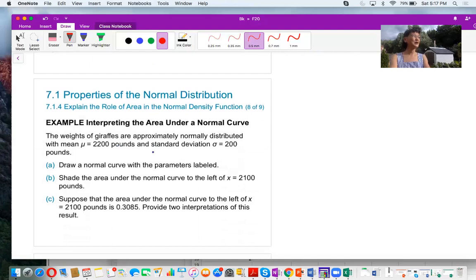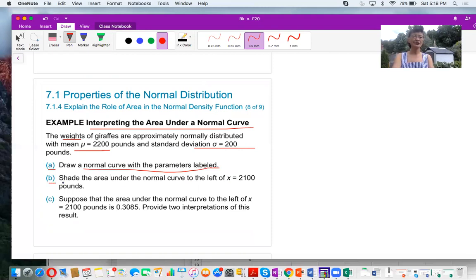So let's take a look at the example. Interpreting the area under a normal curve. The weights of giraffes are approximately normally distributed with the mean 2,200 pounds and the standard deviation 200 pounds. Question A, draw a normal curve with the parameters labeled.